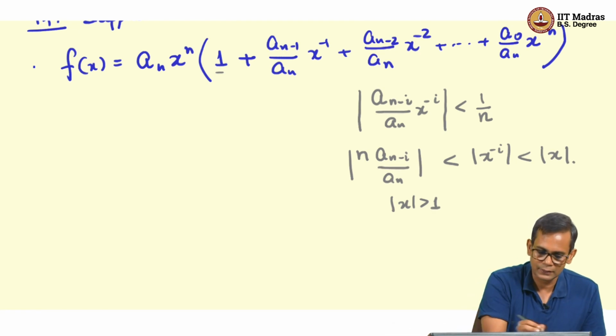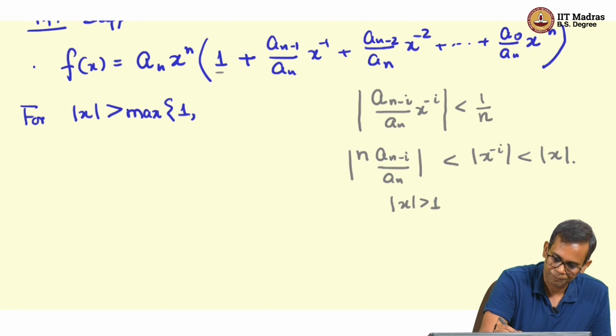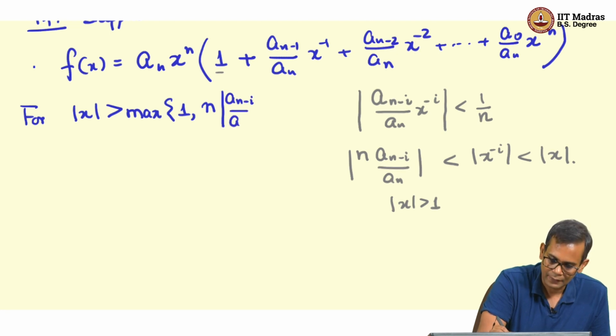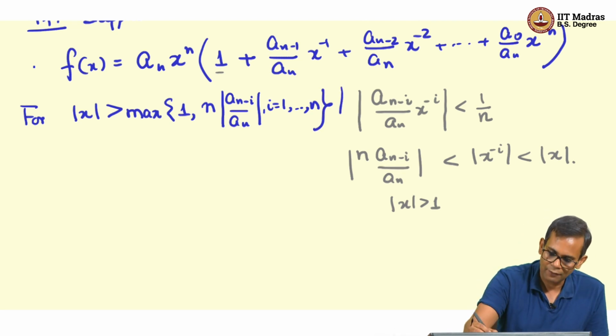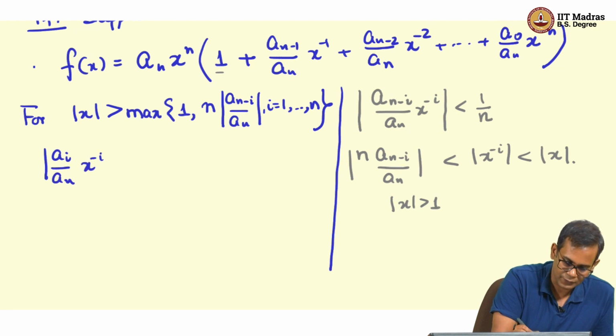So, now what I can do is, for absolute value of x greater than the largest of 1 and n times the absolute value of a_{n-i} by a_n, i goes from 1 to n, I will have the absolute value of a_i by a_n x inverse less than 1 over n.